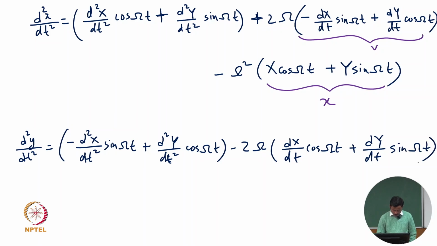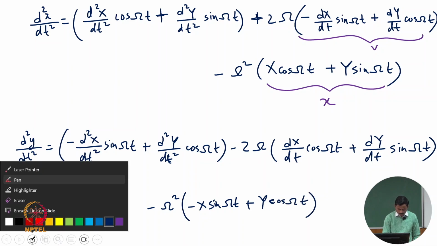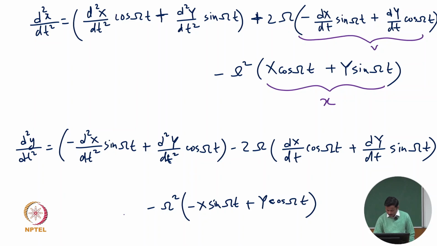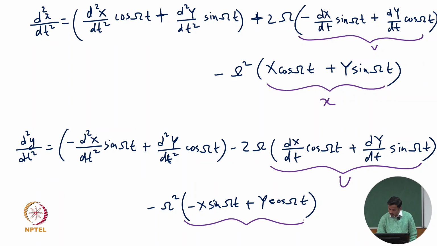So minus omega squared minus x sin omega t plus capital Y cos omega t. Again, you will realize by the definitions that we had, this is equal to u and this is equal to small y.